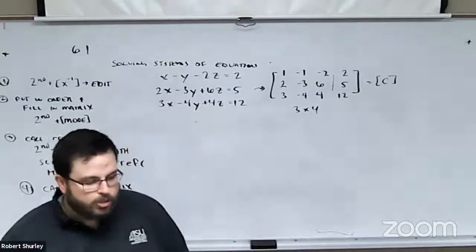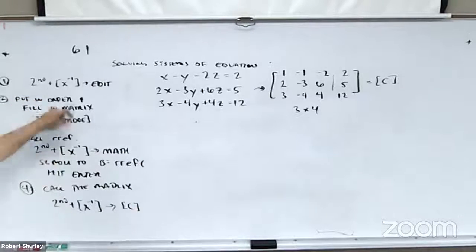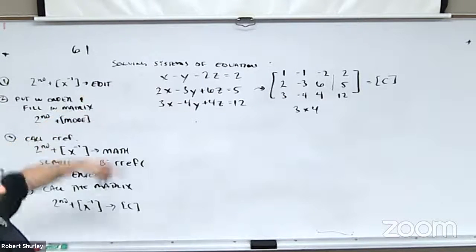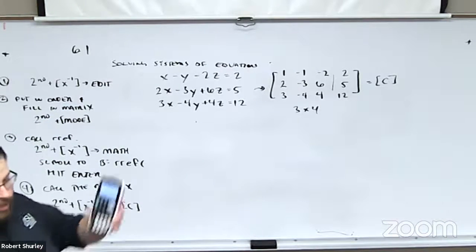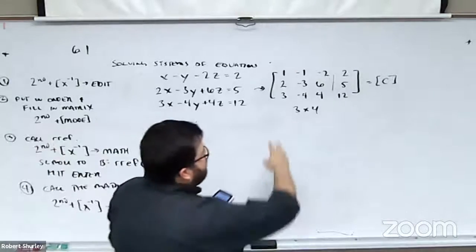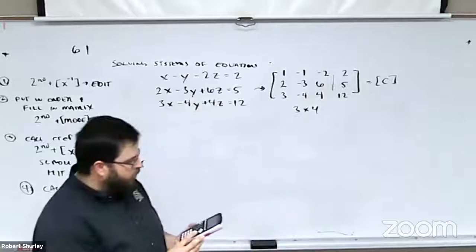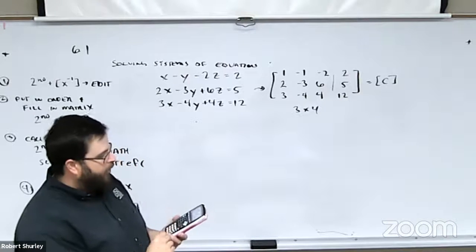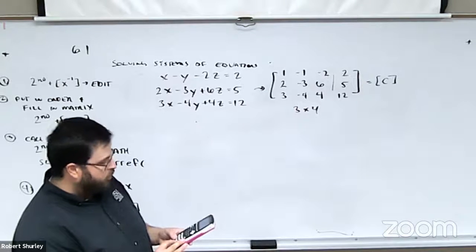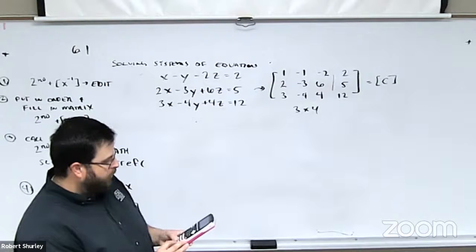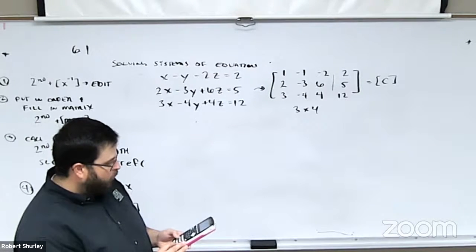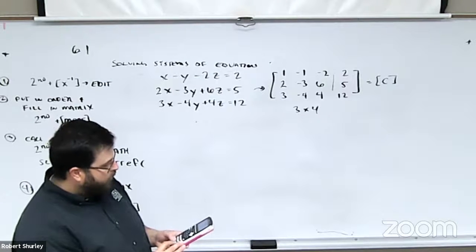To do that, follow the same steps: go to second matrix, edit, then go down to C and hit enter. Notice C is already in there from before. I'm just going to put these numbers in instead of the numbers before. You have to hit enter, enter. I'm going to put in 1, -1, -2, 2, 2, -3, 6 and 5, 3, -4, 4 and 12.